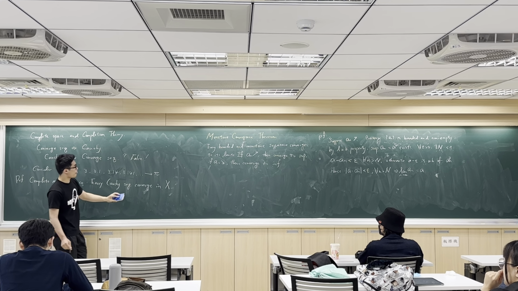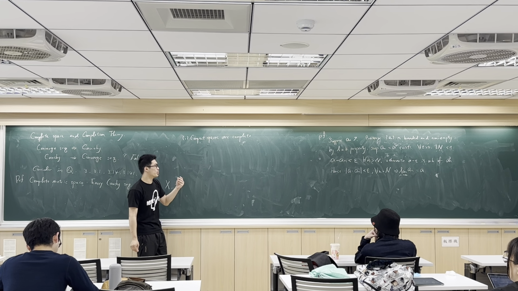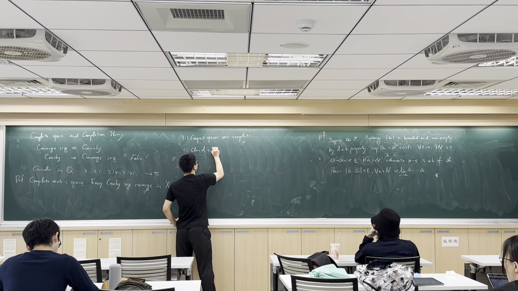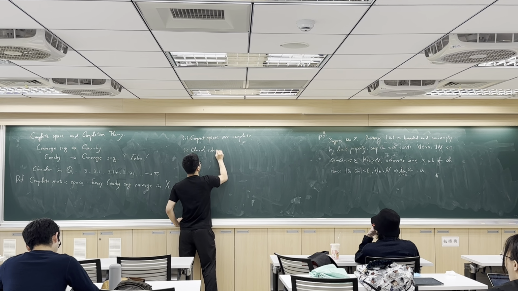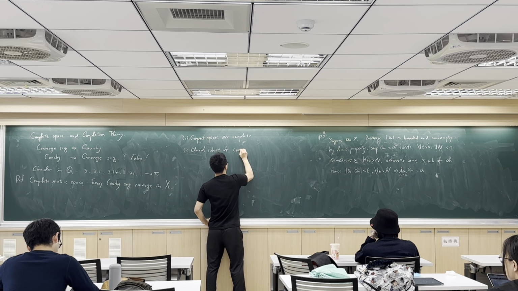Why? Because if a space is compact, then it is sequentially compact, such that any infinite sequence contains a convergent subsequence. So you can use this fact to prove that a Cauchy sequence will converge in a compact space. Also, closed subsets of a compact space or complete space are complete.